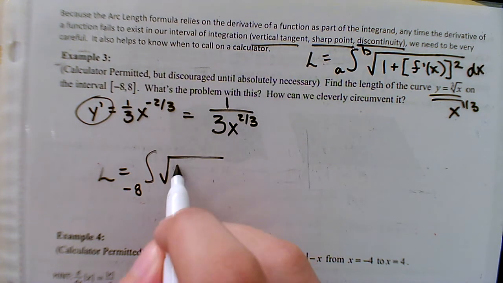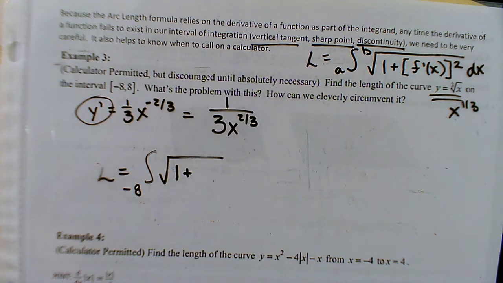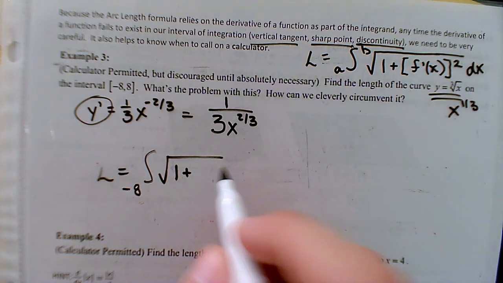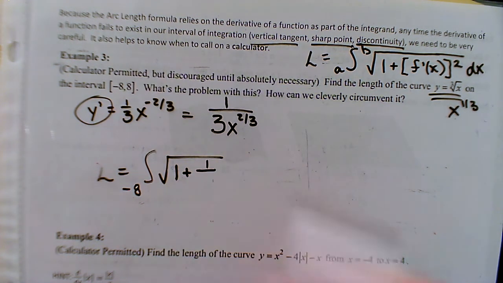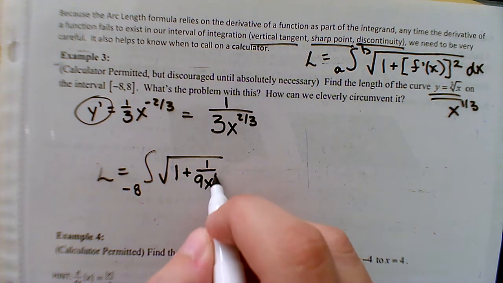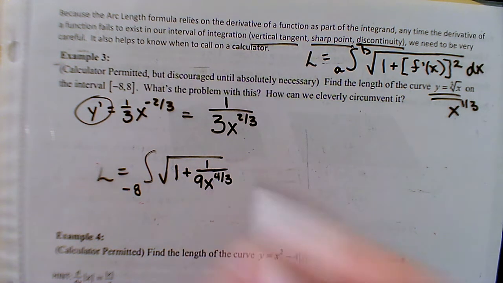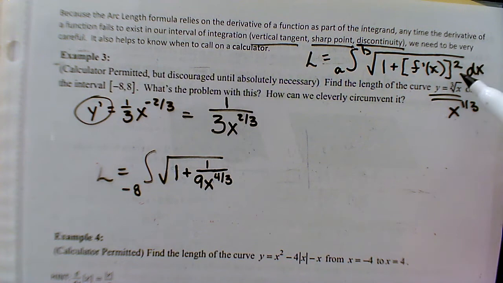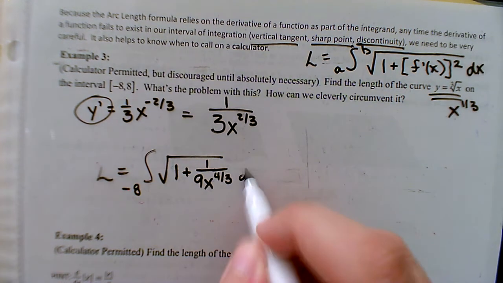We're going to have 1 plus, let's see, if we square this derivative, 1 squared would be 1, and then if we square the denominator, we would have 9x to the 4/3. If you square an exponent, you multiply the exponents together, so 2/3 times 2 would be 4/3.